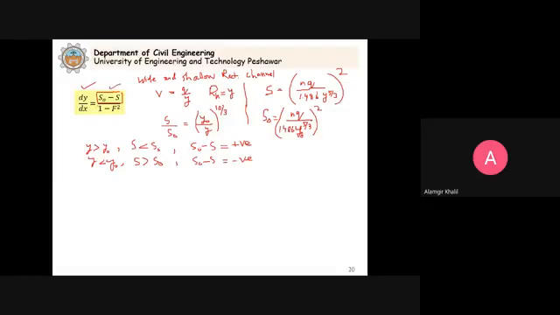Now come to the denominator. How you will determine in the problem the sign for the denominator. We already know for this case that F is equal to 1. So this corresponds to critical flow.